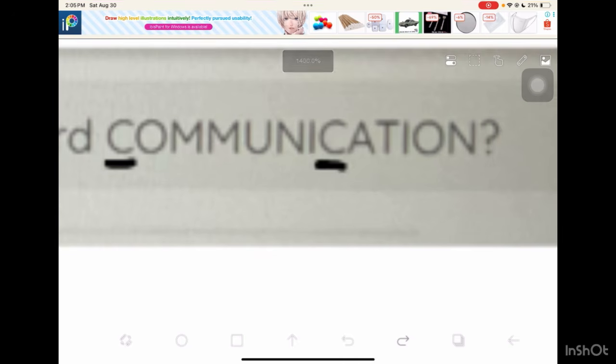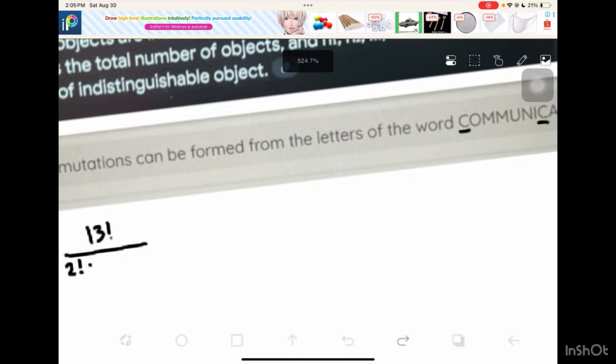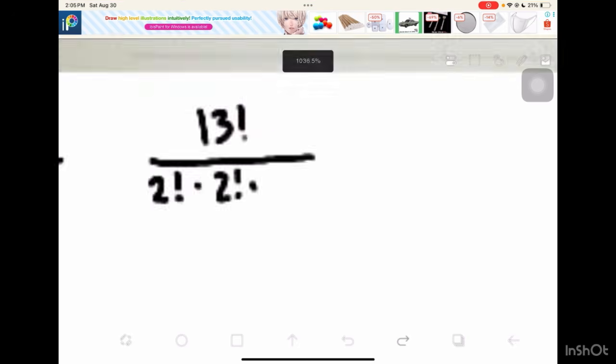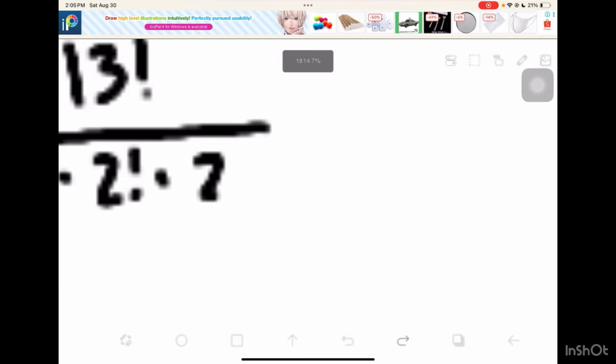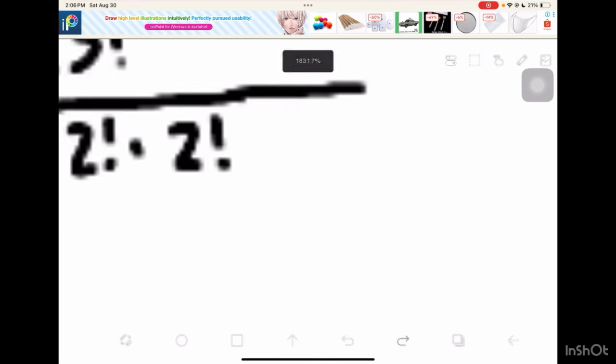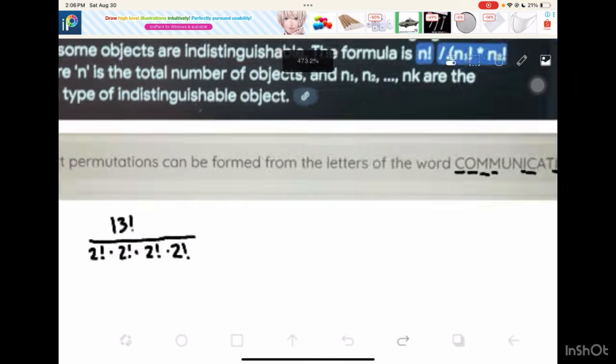We have 2 C's, so that is 2 factorial, times we have 2 O's, that's another 2 factorial. Let's see if we have more. We have 2 M's, another 2 factorial. We have 2 I's, that's another 2 factorial. And do we have any more? We have 2 N's. So that's another 2 factorial.